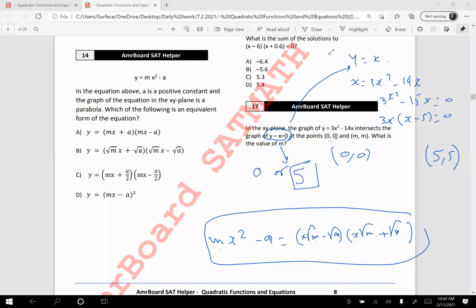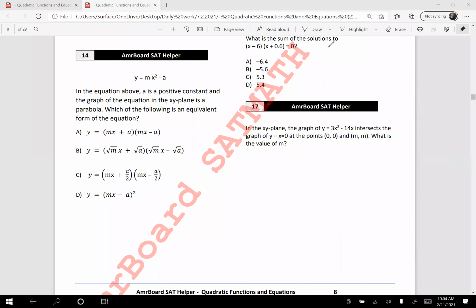Okay. I have a question. How did you get 3x squared minus 15x? This is a good question. Okay. This is y minus x equals 0, this function. Transfer x to the opposite side, it will be y equals x. And you have this one, y equals 3x squared minus 14x. Y equals x and y equals this expression, so x equals this expression.